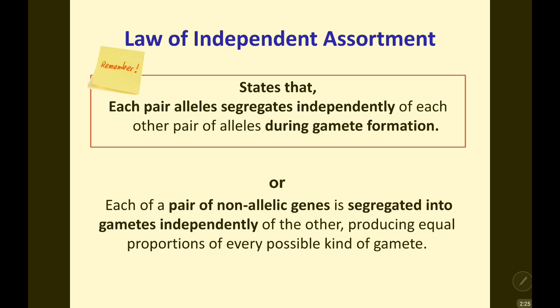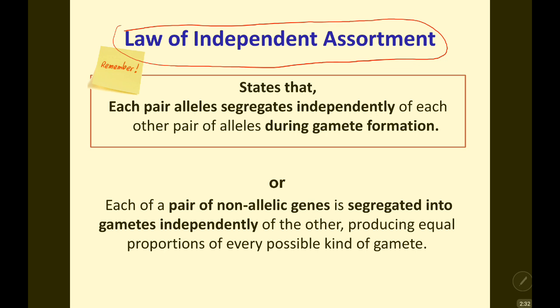So Mendel's second law is called the law of independent assortment. Generally, assortment means the arrangement. It states that each pair of alleles segregates independently of each other pair of alleles during gamete formation.